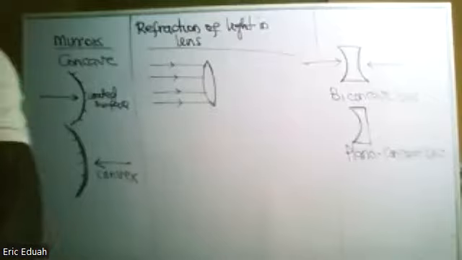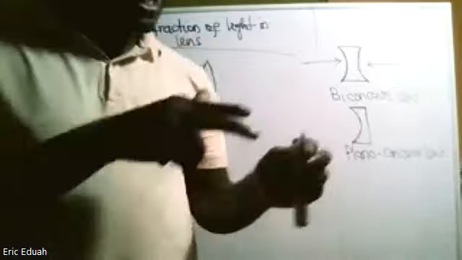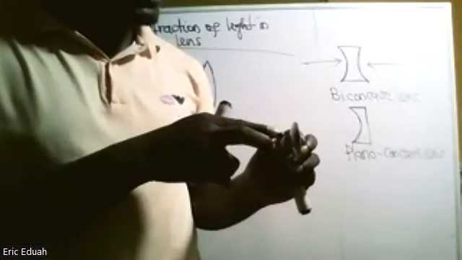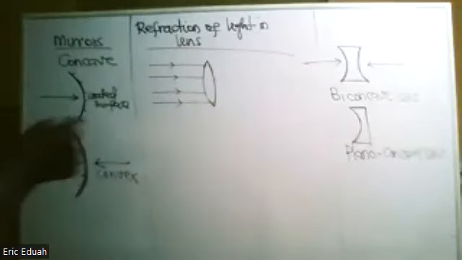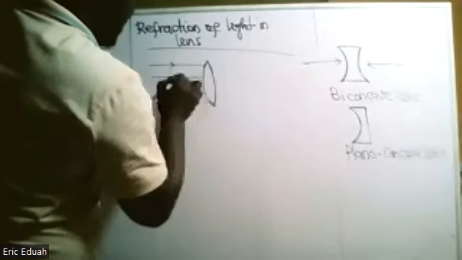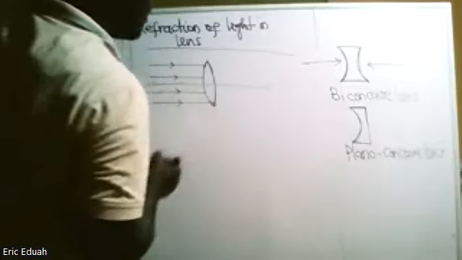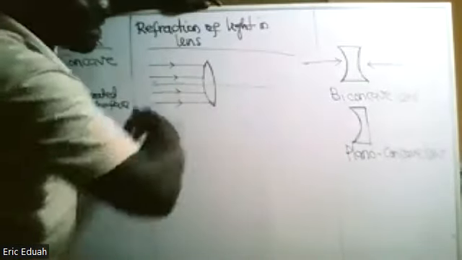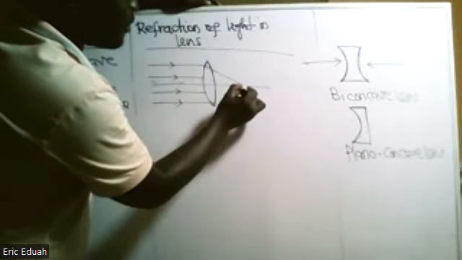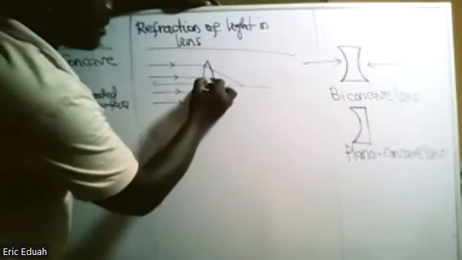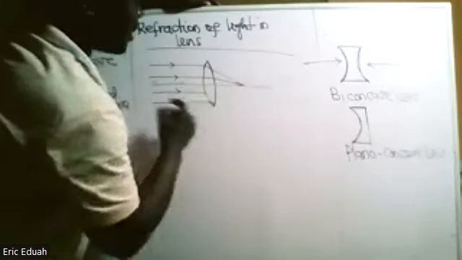When you incident, oh, I wish I had streams of light so I could incident it here. I think I'll look for videos for you. When you incident a parallel beam at one side, they all converge at a point at the other side of the lens. So this ray would refract. This ray would also refract and then come to this point.